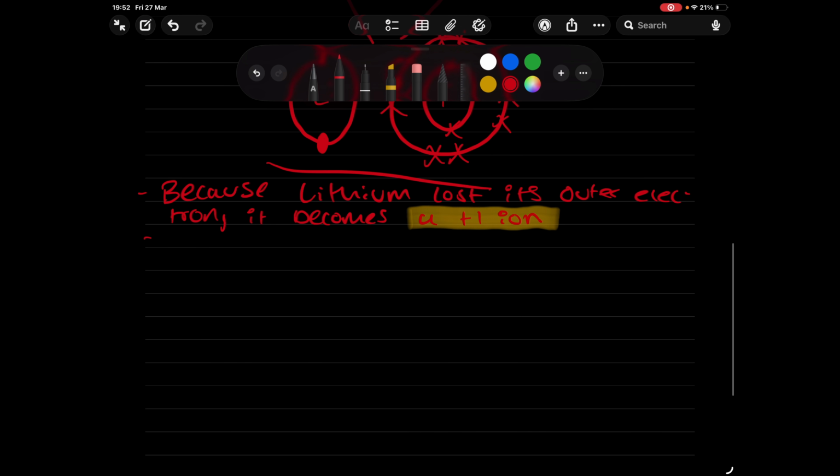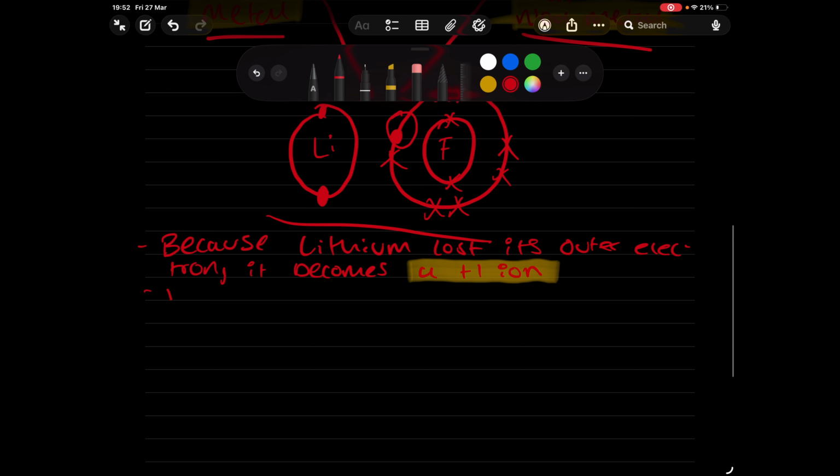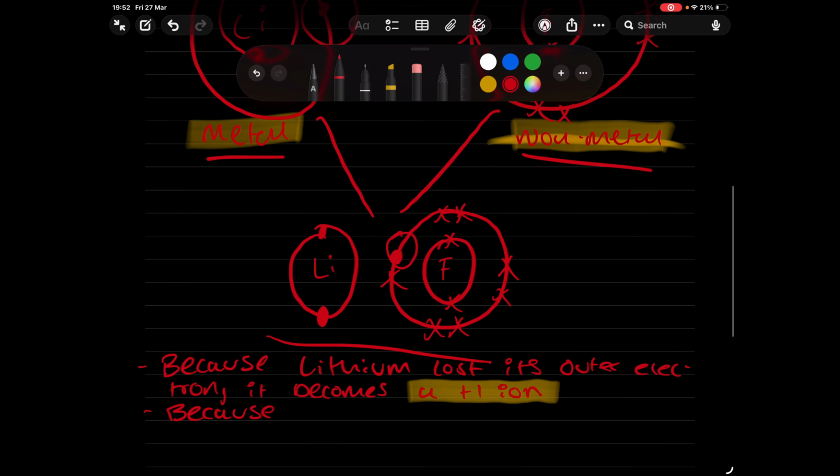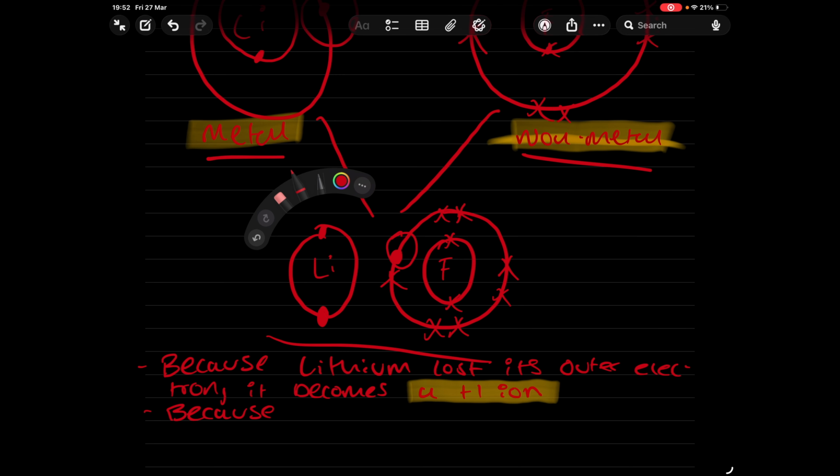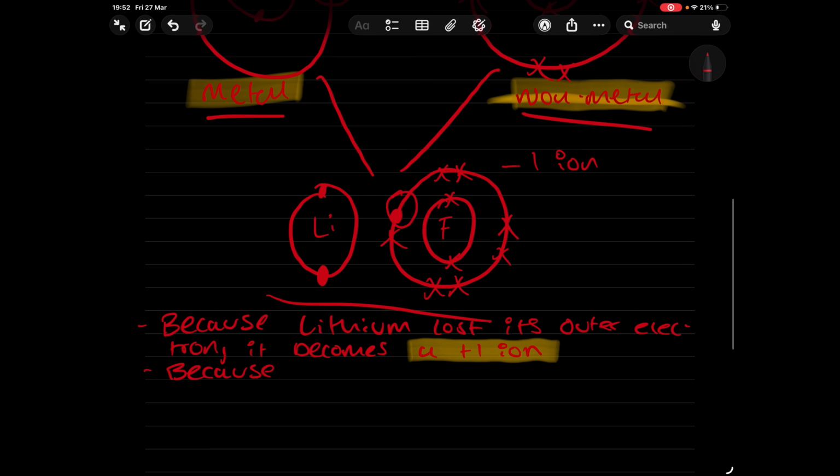I thought I'd also write that because fluorine gained an electron from the lithium, it becomes a negatively charged ion. So this one is a +1 ion because it lost the electron, and an electron is negatively charged.